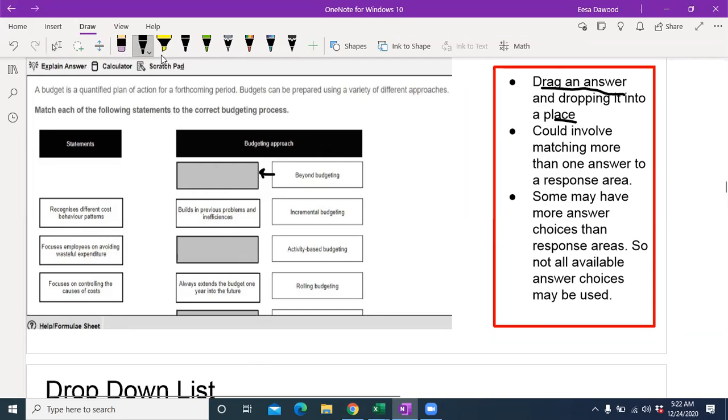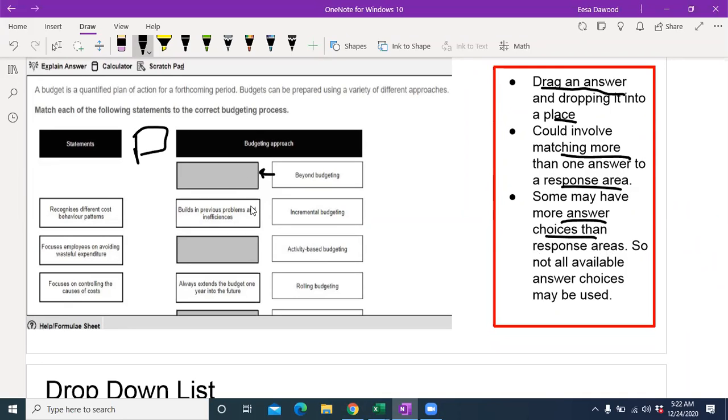However, you need to know that it could involve matching more than one answer to a response area. Maybe there'll be another column here and more answers need to be matched to one response area. And some may have more answer choices than response areas.